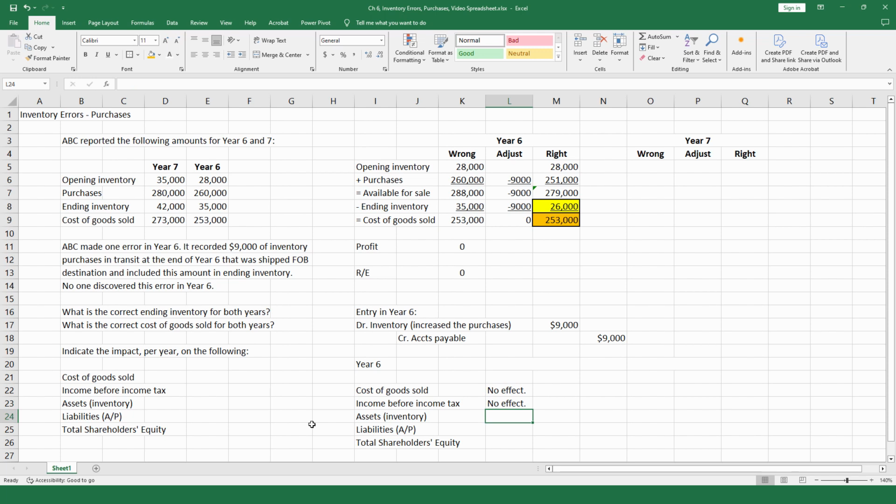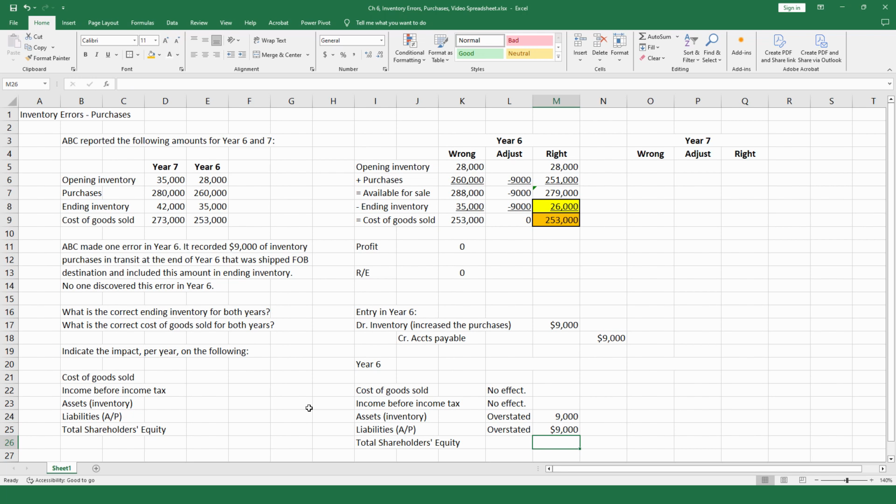However, the asset inventory is overstated. By how much? $9,000. Liabilities, accounts payable, overstated. Again, by $9,000 because we shouldn't have recorded the debit to inventory because we didn't own it.